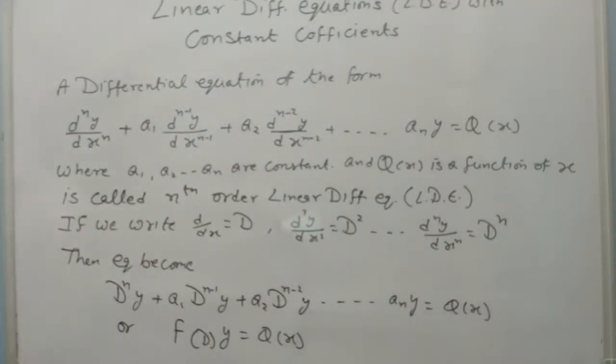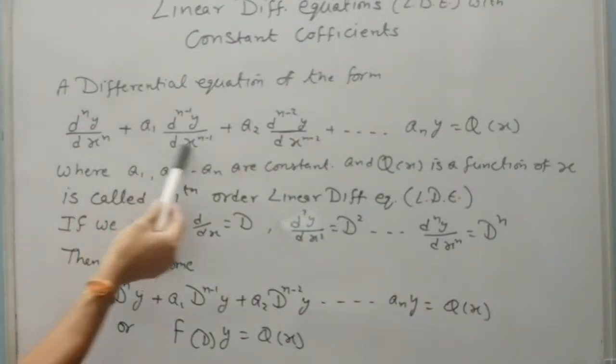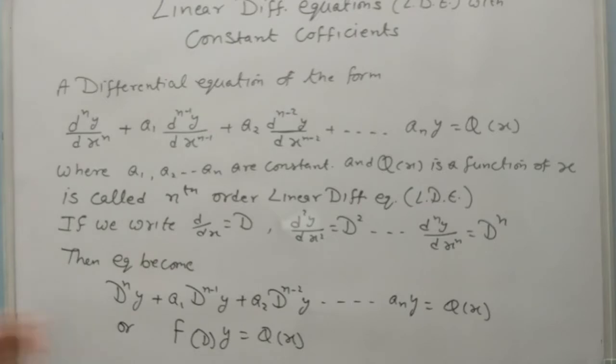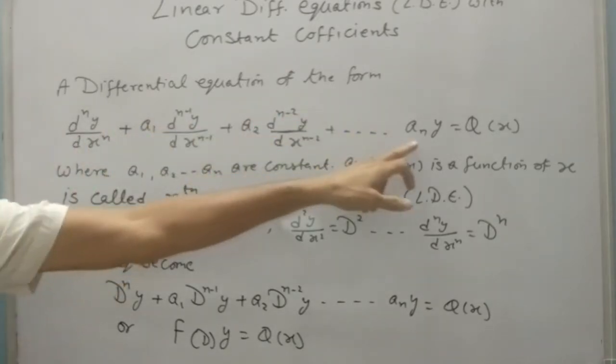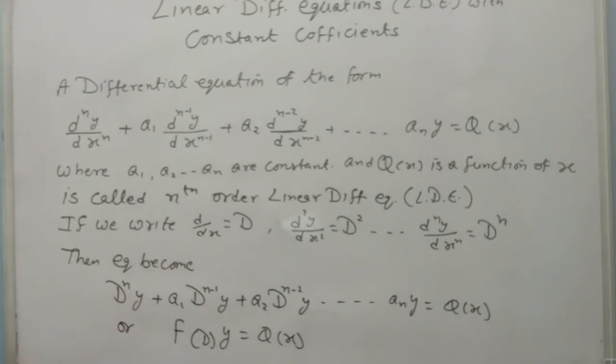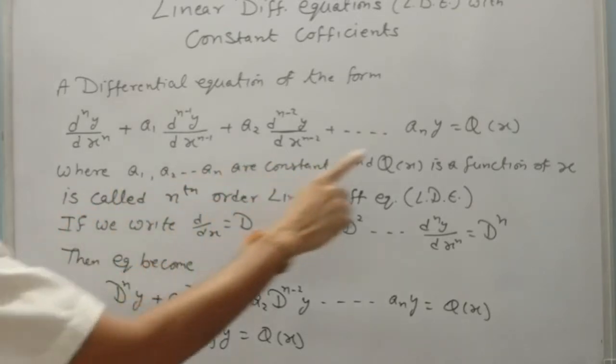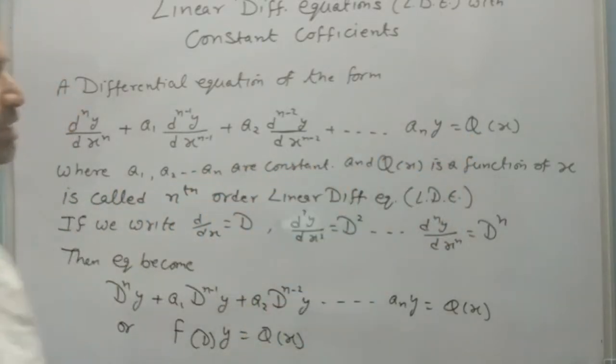Let's suppose there is a differential equation of the form d^n y/dx^n + a1 d^(n-1) y/dx^(n-1) + a2 ... + an y = Q(x), where a1, a2, ..., an are constants. That is why we call it a linear differential equation with constant coefficients, and Q(x) is a function of x.